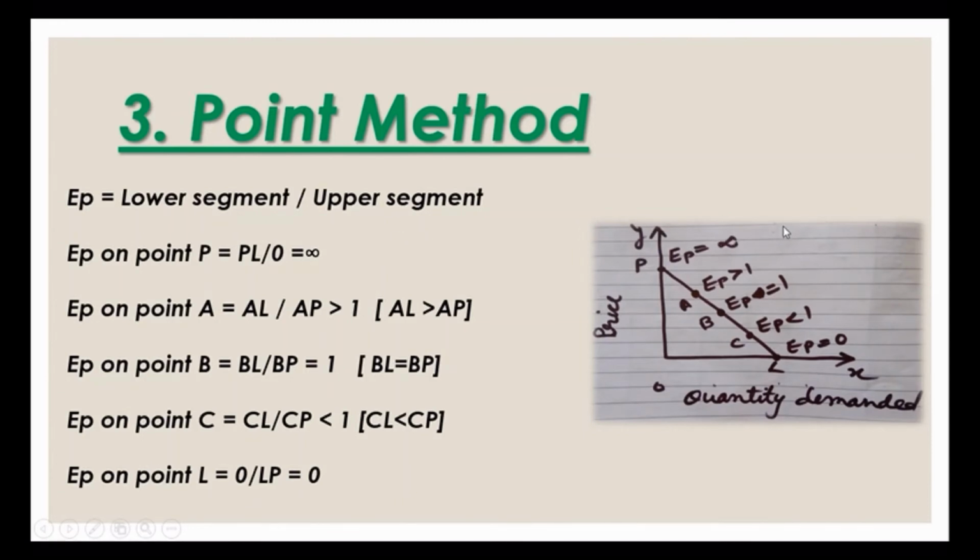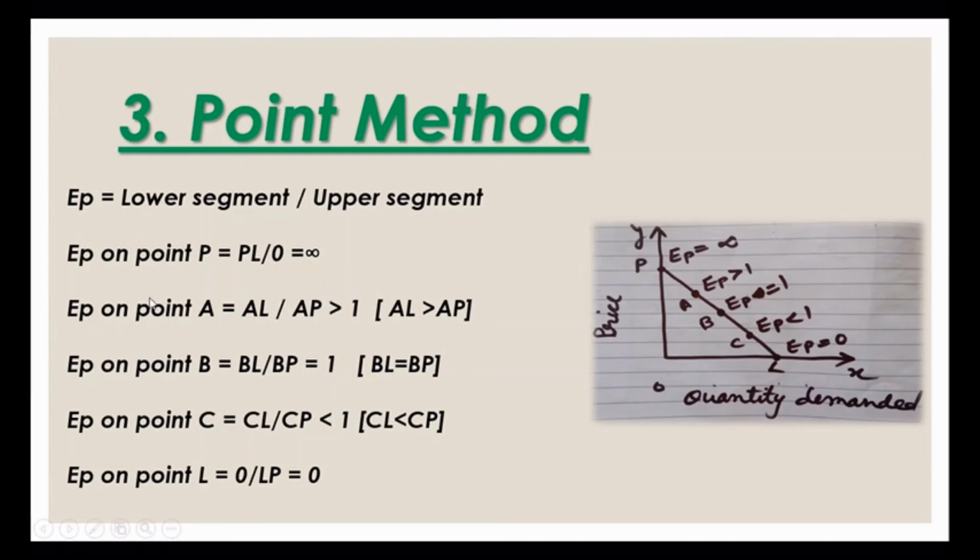So here is a diagram which shows a straight line demand curve, and we have 5 different points on this demand curve, and they are P, A, B, C and L. They all indicate different degrees of price elasticity of demand.